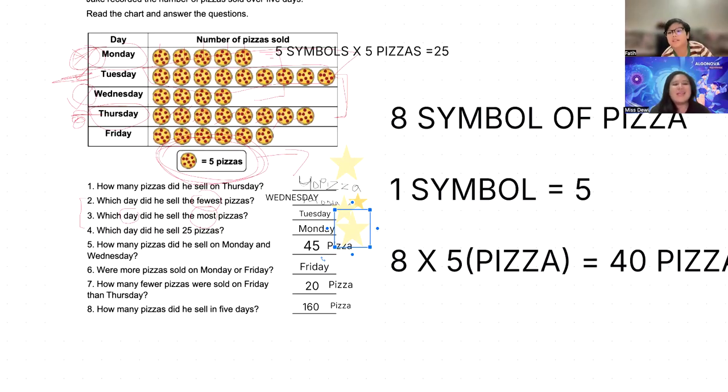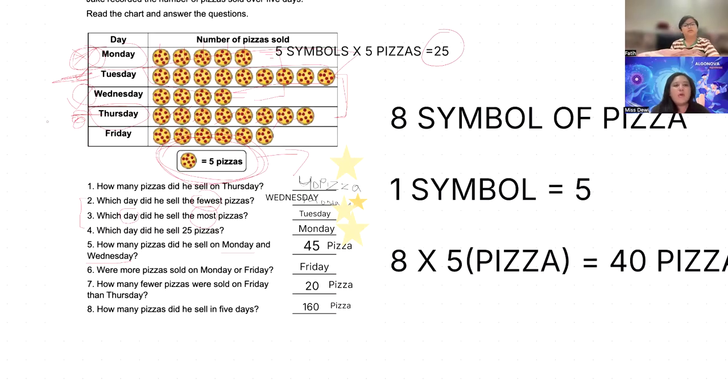Addition. Yes, good job. Because there is a term like Monday and Wednesday, it means you need to put them all together. Now, Monday is 25. Wednesday, even though Wednesday has the least number, you still need to count it. You have 1, 2, 3, 4 symbols.